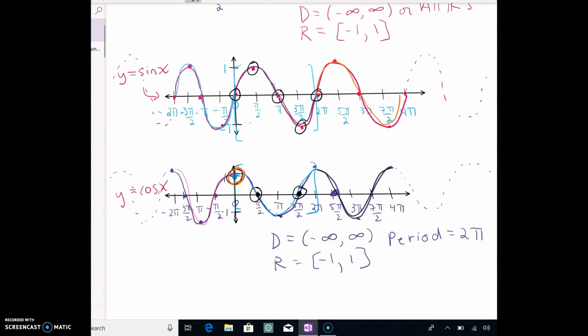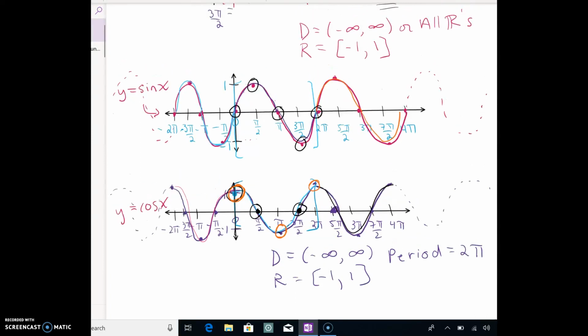We also have a maximum value over here at 2 pi, 1. And we have a minimum value at pi, -1. So for cosine, we have 2 max and a min and 2 x-intercepts. For sine, we have 3 x-intercepts, 1 max and 1 min. So that's another way to remember the functions when we're talking about them.